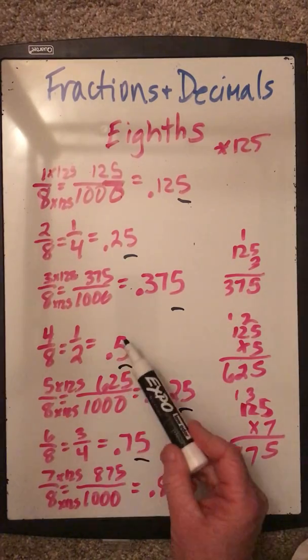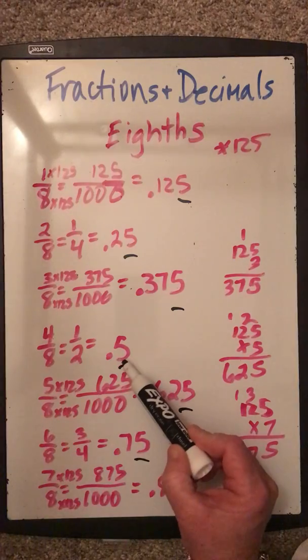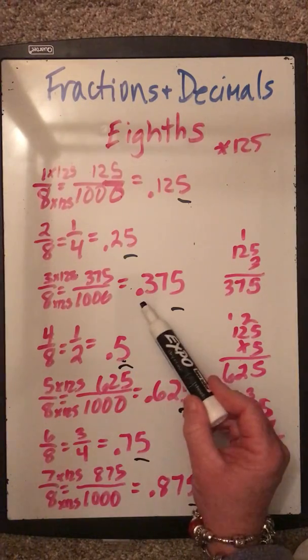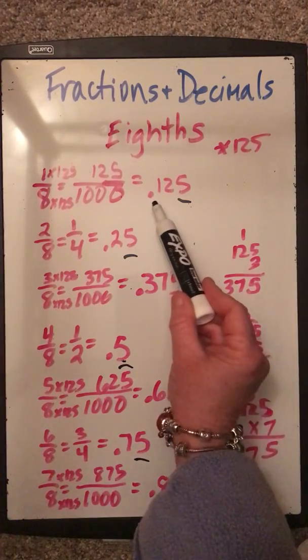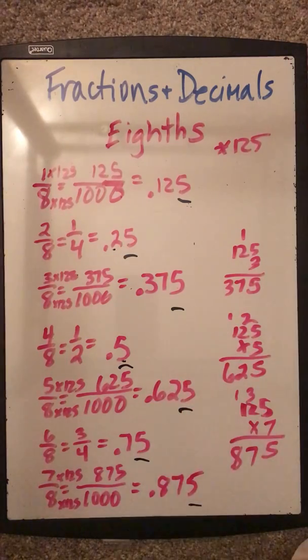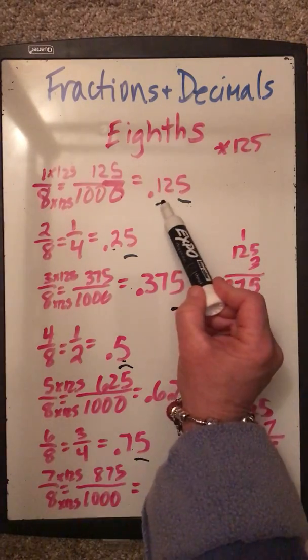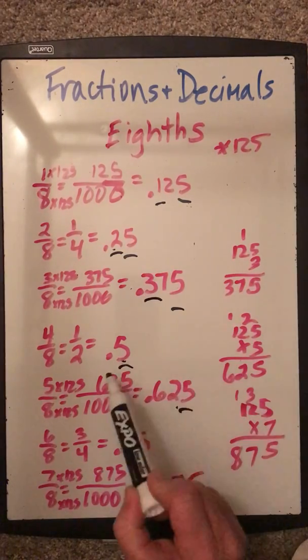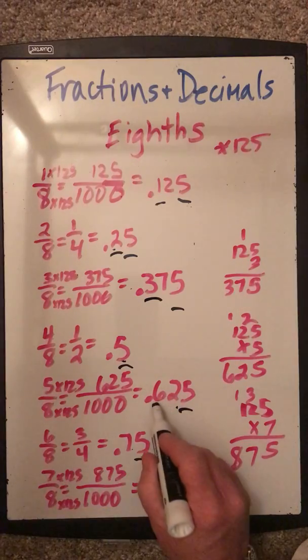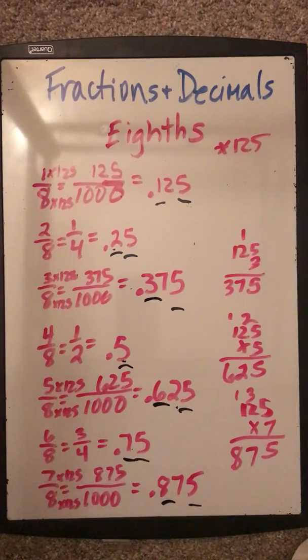So for the half, it only has to go over one place. But before that, it's over 3 places, 2 places, 3 places, and so on. Also the numbers that we start with, 1, 2, 3, then jumps to 5, and then it goes 6, 7, 8. So a lot of these are just patterns that we can look at.